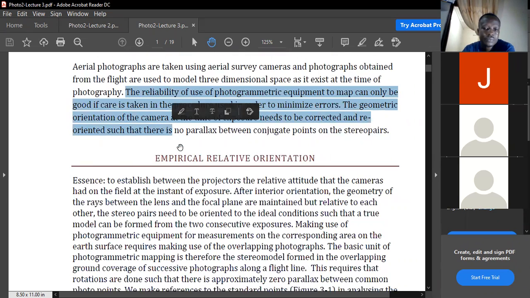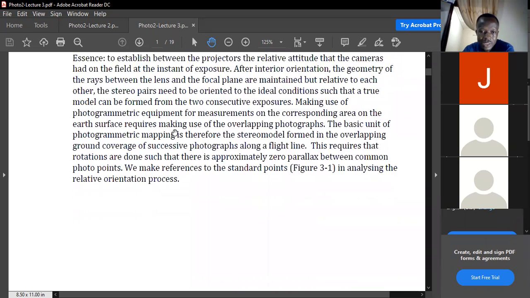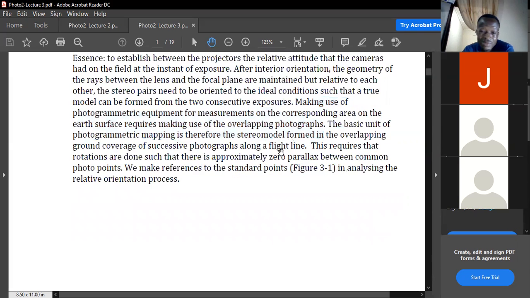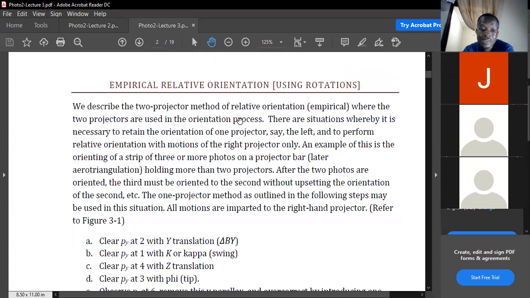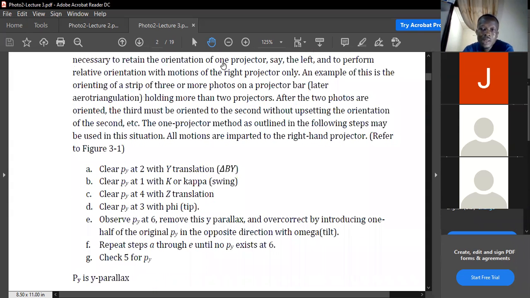Empirical relative orientation. Like I said, we have two of them. Some of the things that I talk about are already done. I think I've touched on all this already, so let's not waste time. Rotations are done such that there's approximately zero parallax. I told you that the parallax is the error, and it's the Y parallax we are referring to.